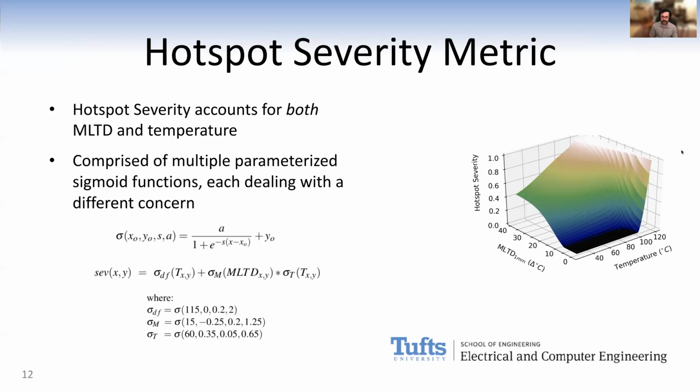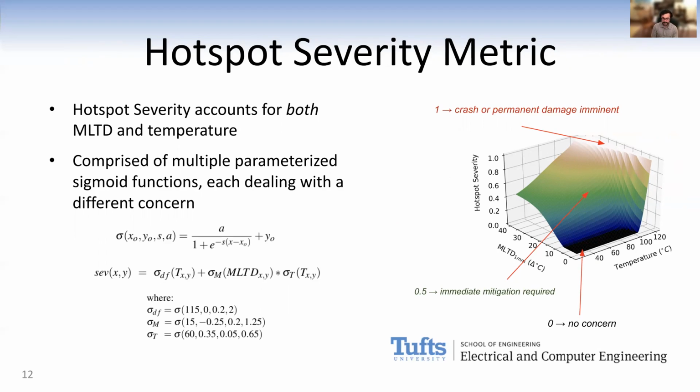After identifying all hotspots, we compute the severity of the hotspots. We developed a severity metric which produces a value between 0 and 1, indicating the severity of the hotspot based on our definition. A value of 0 indicates conditions where there are no hotspot-related issues, and a value of 1 indicates conditions where the chip will experience immediate errors, crashes, or permanent damage.